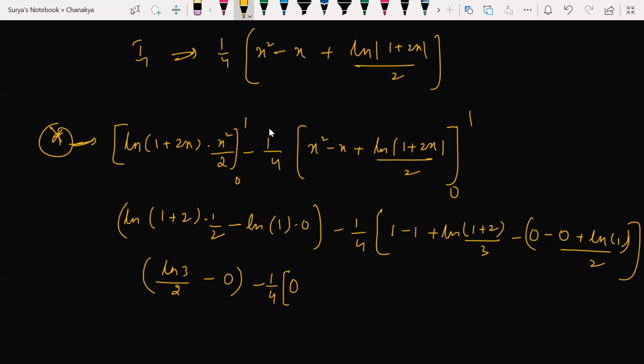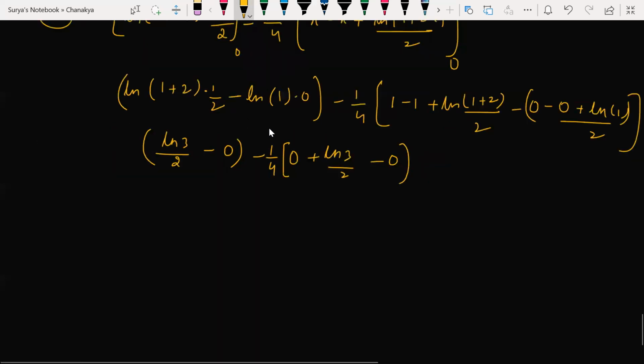ln 3 by 3 is what? 1. So ln 1 is again 0 minus, so ln 3 by 2 here. How come this 2, right? So plus ln 3 by 2 minus 0. Correct? So here ln 3 by 2 minus 1 by 4 times of ln 3 by 2.